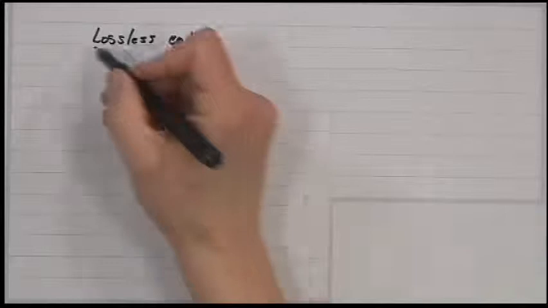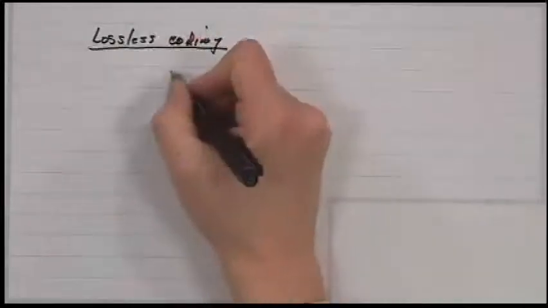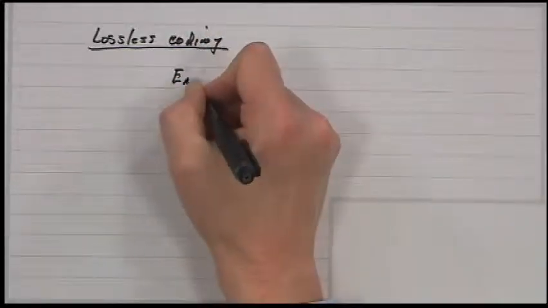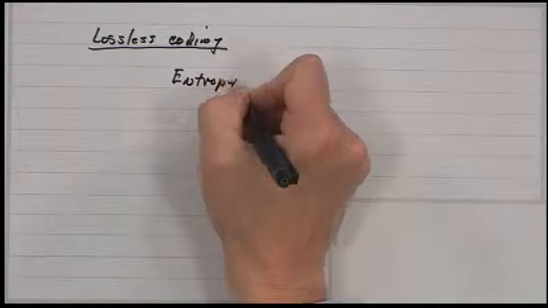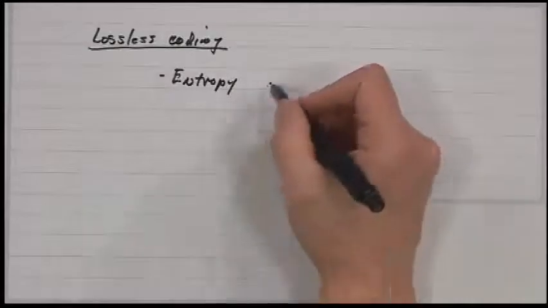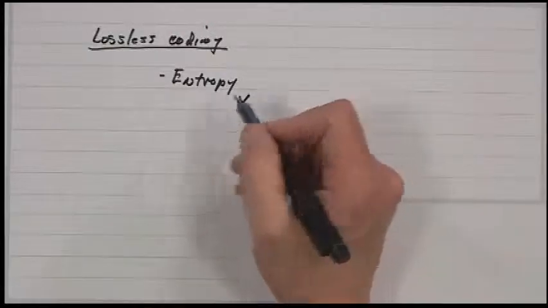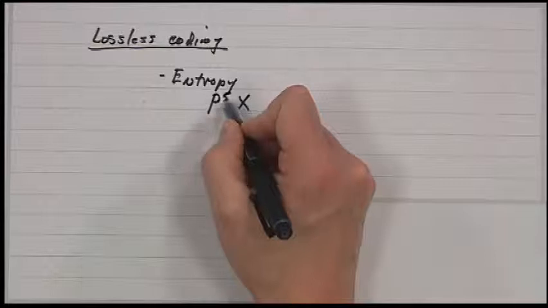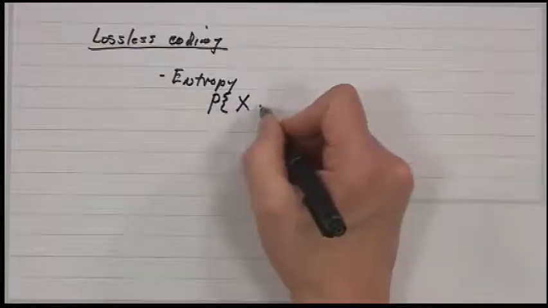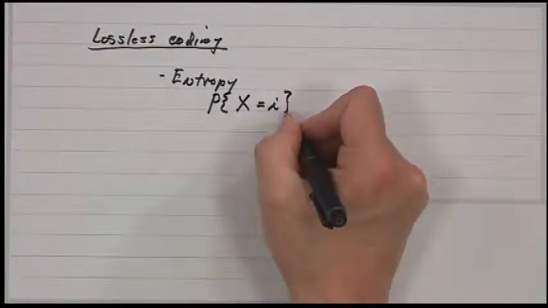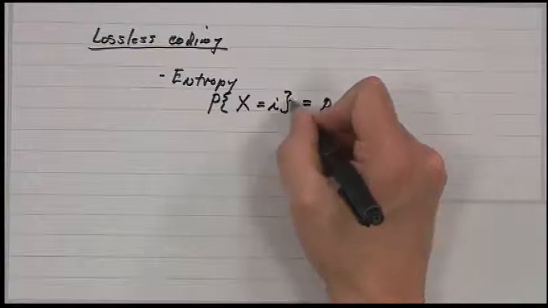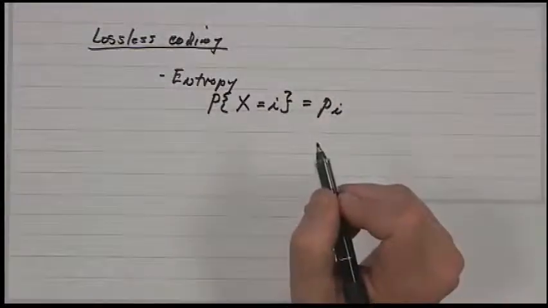in order to understand lossless coding, you first need to understand a concept called entropy. So let x be a random variable with the property that the probability that x equals i is equal to p_i, right?